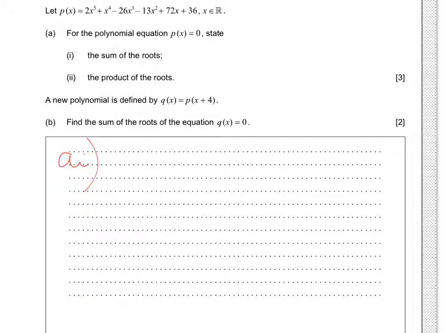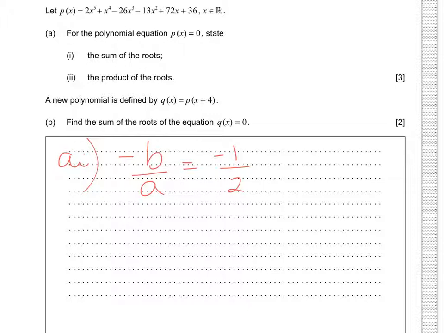Sum of the roots is given by minus b over a, which in this case, where a, b, c, d, e, f are the coefficients, 2, 1, minus 26, minus 13, 72, and 36. So that's minus b over a, so that's minus 1 over 2, minus a half.